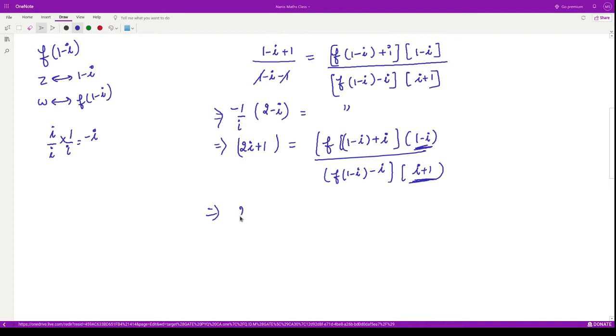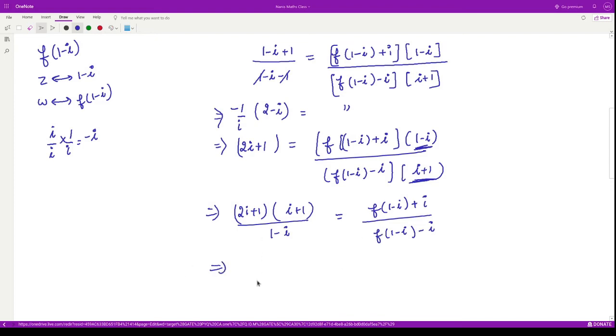So we would have 2 iota plus 1 as such multiplied by this denominator term iota plus 1 divided by 1 minus iota. So this thing is equivalent to writing f of 1 minus iota plus iota divided by f of 1 minus iota minus iota. So this is the term.